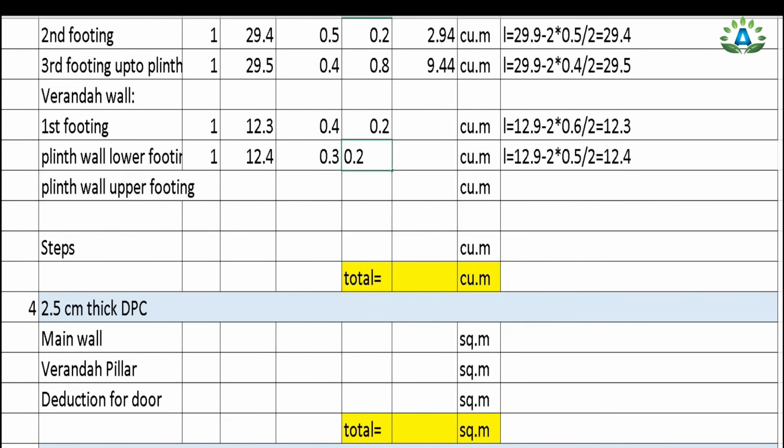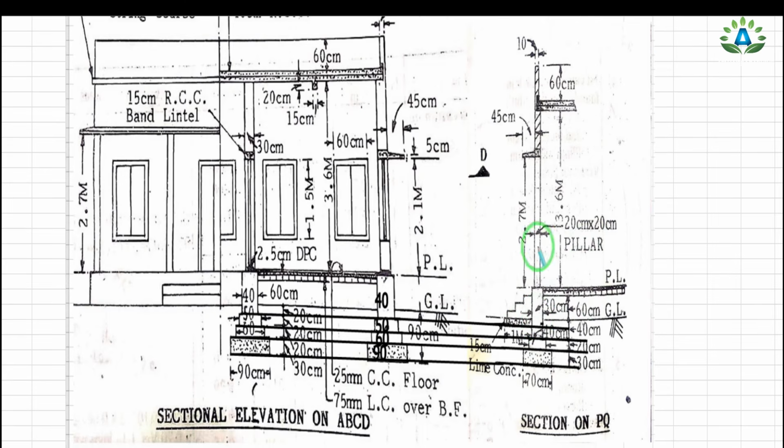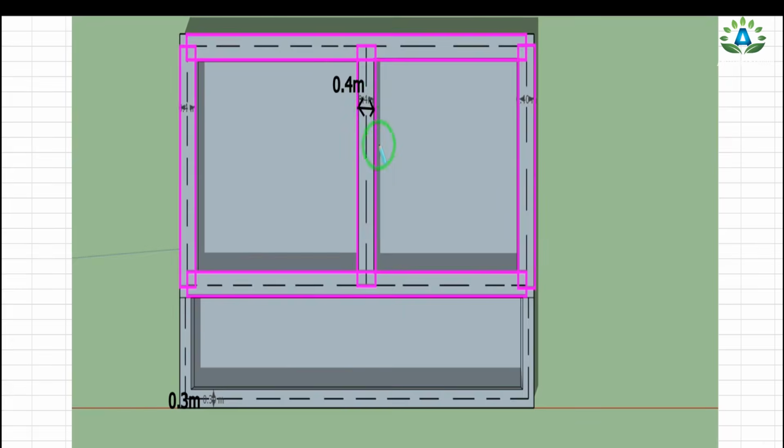That is, we are going to consider these portions and these portions. This main wall is of 40 centimeter width, whereas these veranda pillars are of 30 centimeter width. So we have the main wall of 0.4 and the veranda of 0.3.